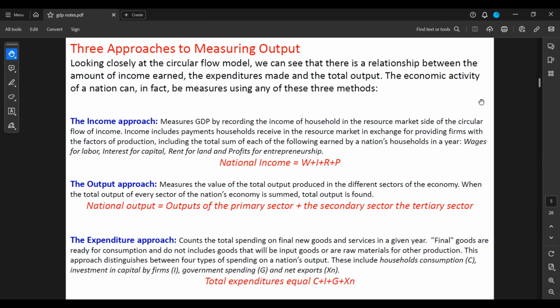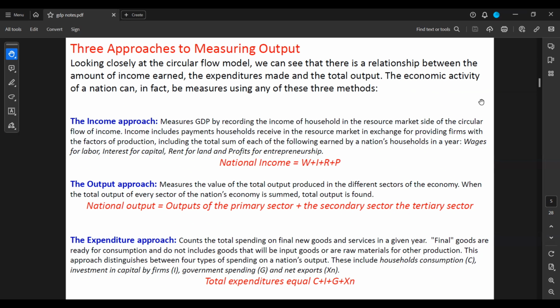The expenditure approach counts the total spending on final new goods and services in a given year. Final goods are ready for consumption, that is, and do not include goods that will be input goods or raw materials for other production. This approach distinguishes between four types of spending on a nation's output.